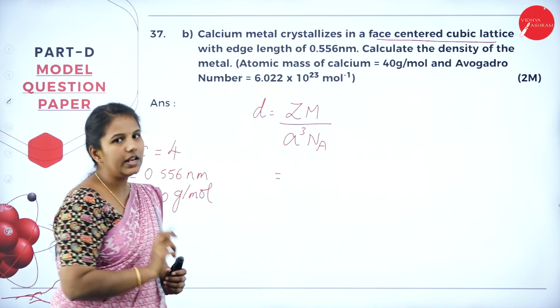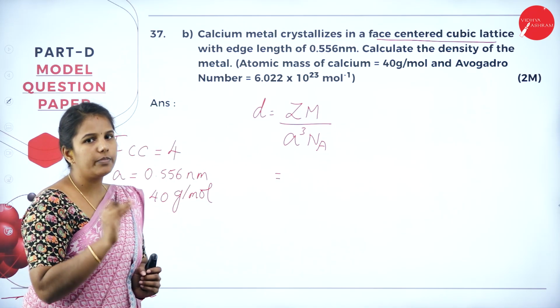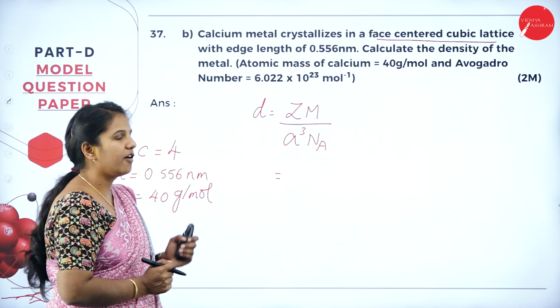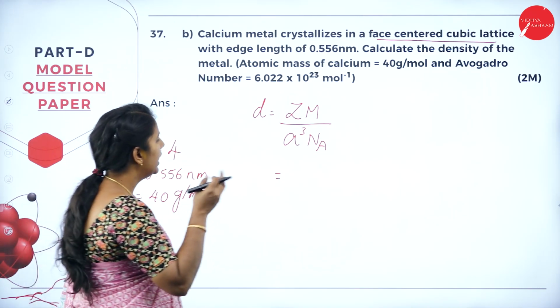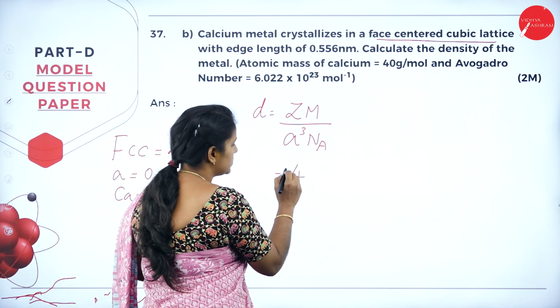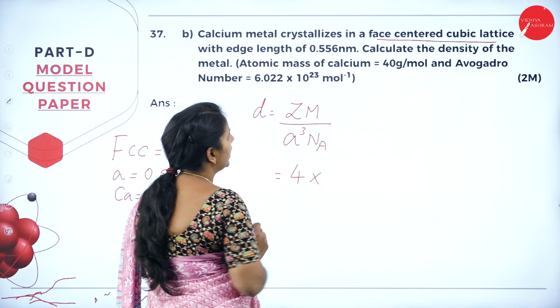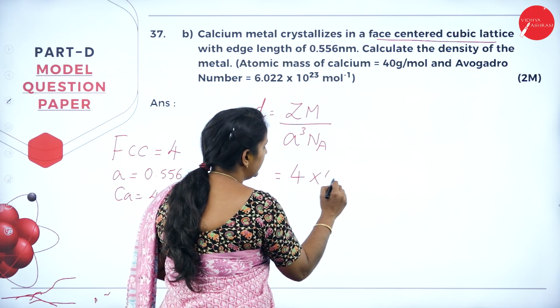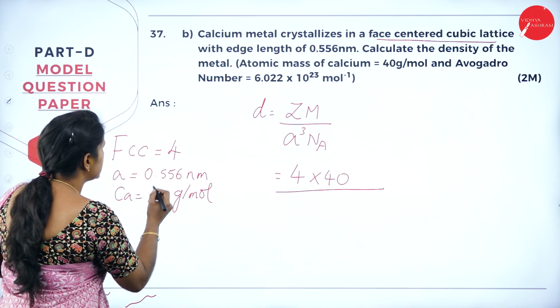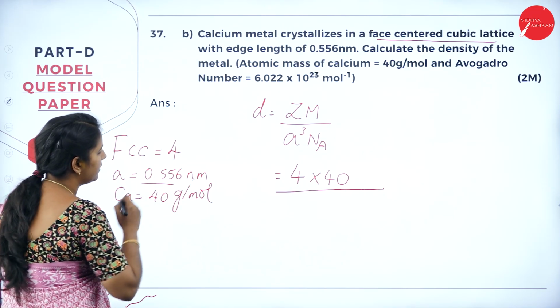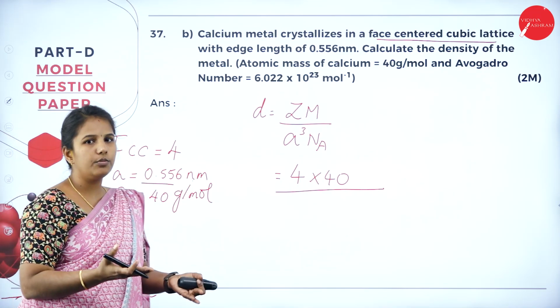Z stands for the number of particles in the simple cube, BCC or FCC. Since they have mentioned FCC, the number of particles is 4. The atomic mass of calcium is given as 40, divided by a cube, where a is your edge length. It is given in nanometer, so I will convert it into meter.